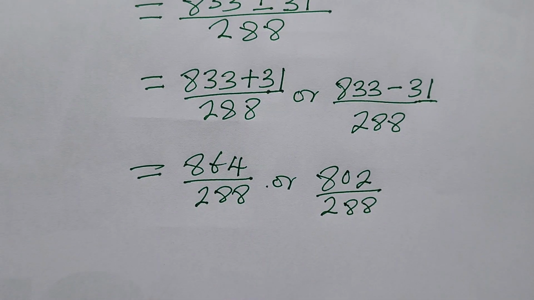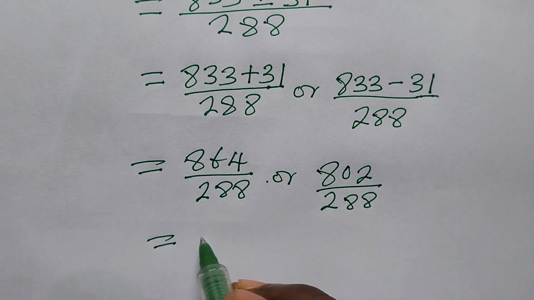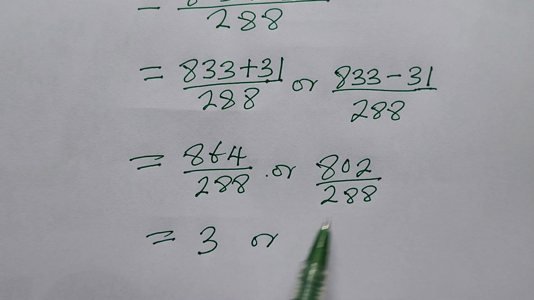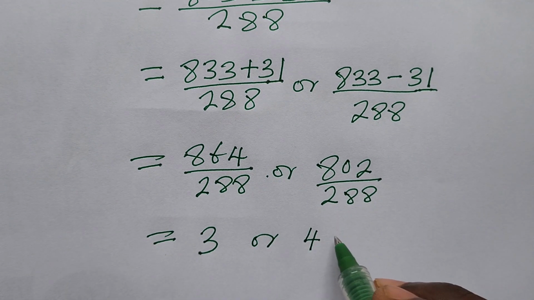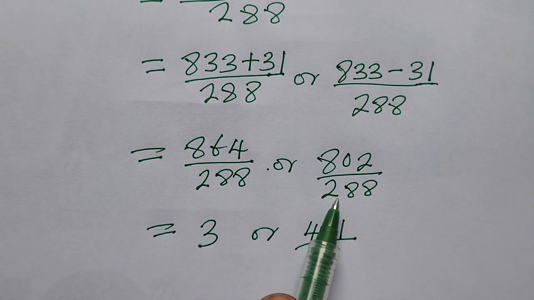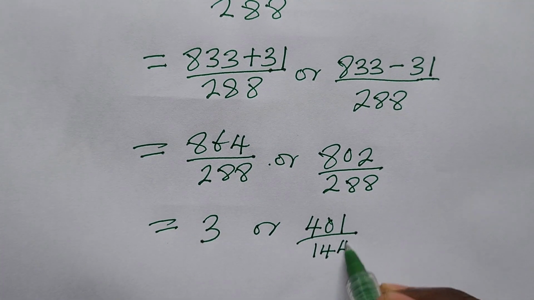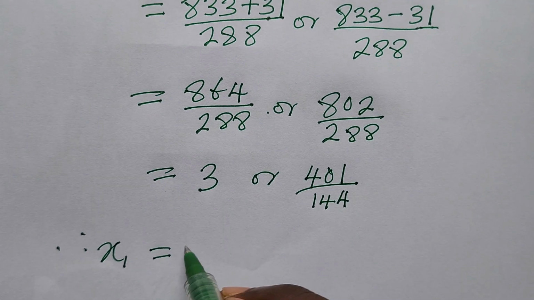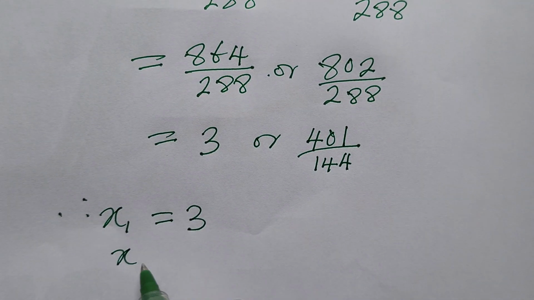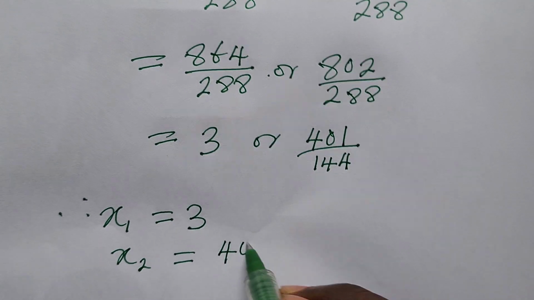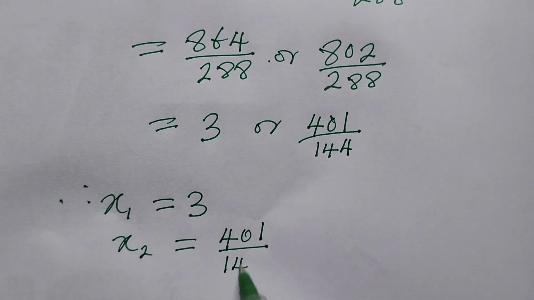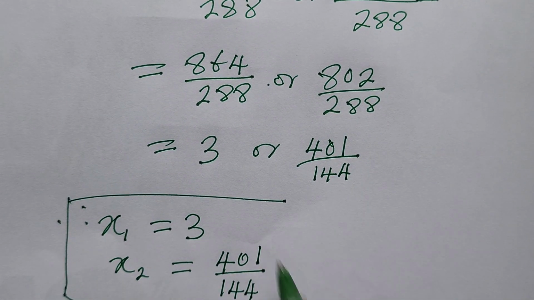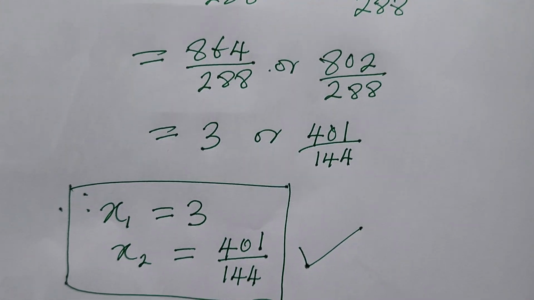So if we use this to divide this will go into this 3 times. So we have 3 there. Or what is common to this and this is just 2. So if we use 2 to divide this, we're going to have 401 all over, we use 2 to divide this, we're going to have 144. So therefore our x1 is equal to 3. Then we have our x2 is equal to 401 all over 144. So these are the two roots to our radical equation.